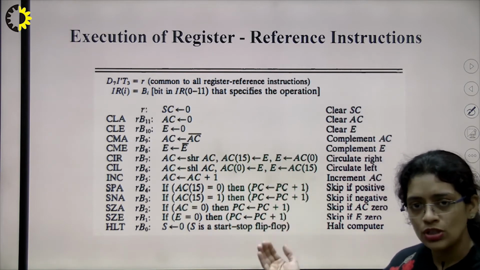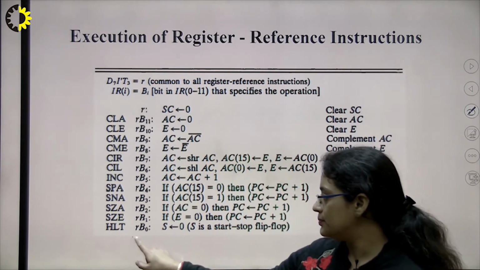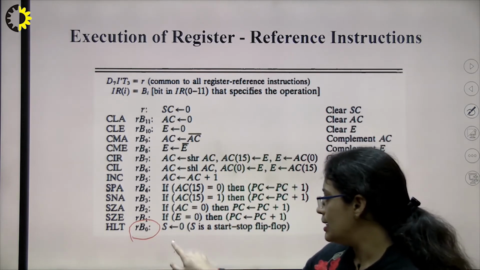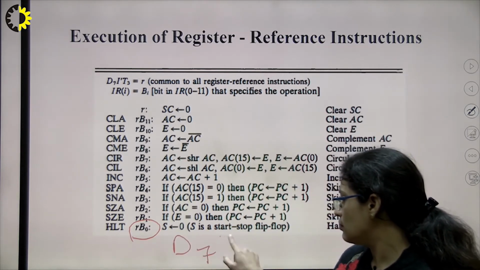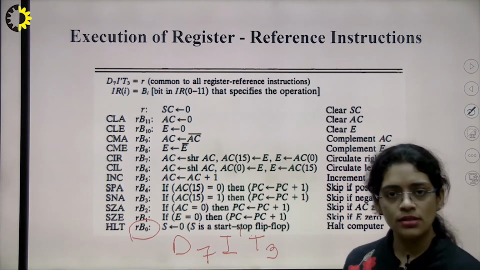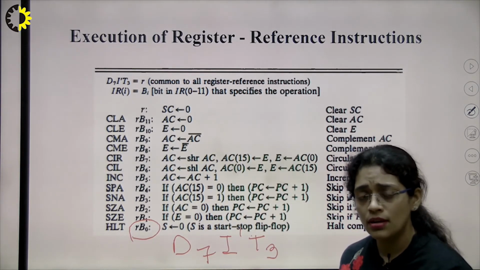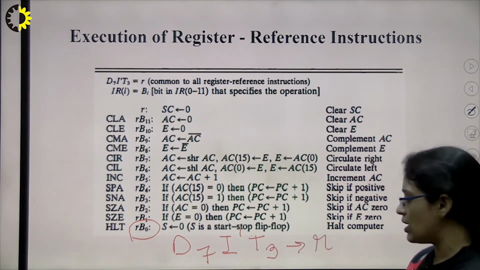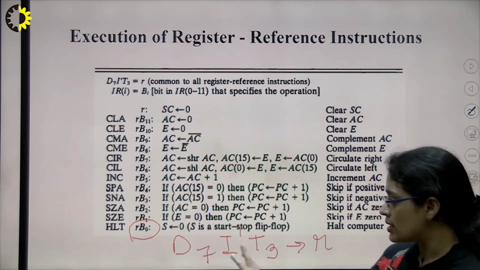These are a total of 12, starting with rB0. Now what is this r? Just for convenience, D7I'T3 was the condition for the register reference instruction execution, so we are just renaming it as r. So this is our r.